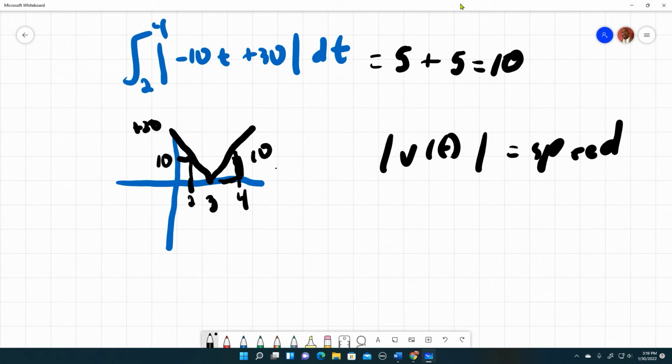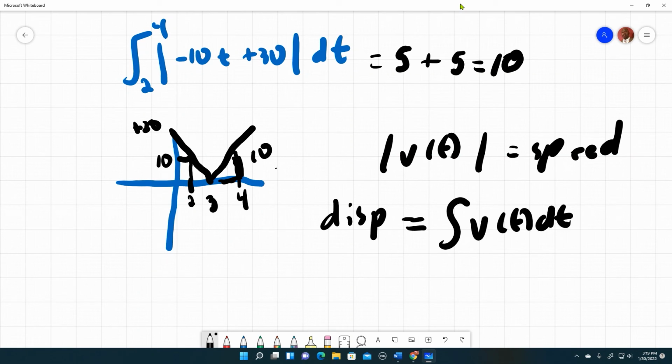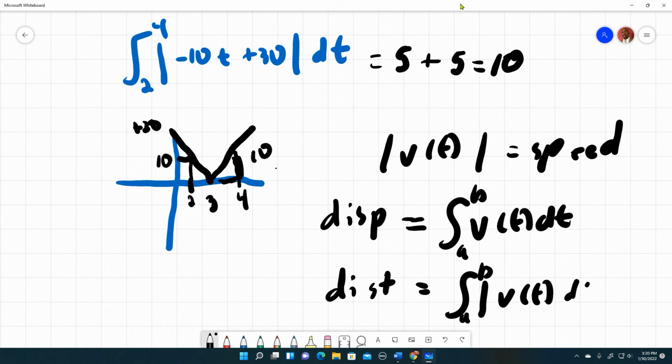So if I want to find displacement, I'm going to integrate my velocity function from A to B. If I want to find distance, I'm going to integrate the absolute value of the velocity function, or integrate the speed function.